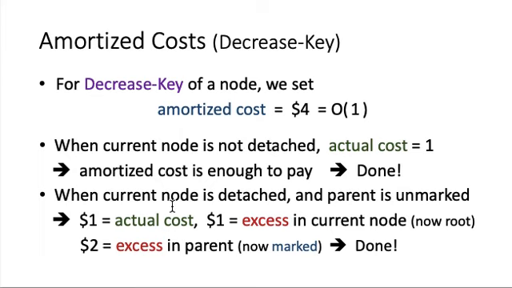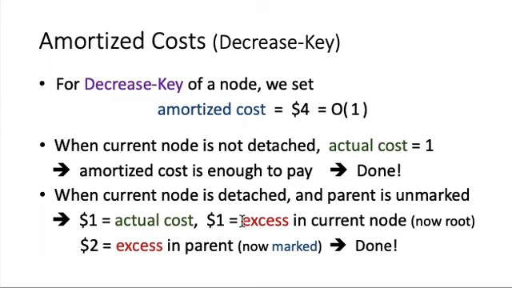Now, when the current node is detached, we can have a good case as well when the parent is unmarked. That is, the current node is detached and the parent of the detached node is unmarked. Then what do we need to do? The actual cost is just constant and there is no cascading cut. We use $1 to put into the current detached node.